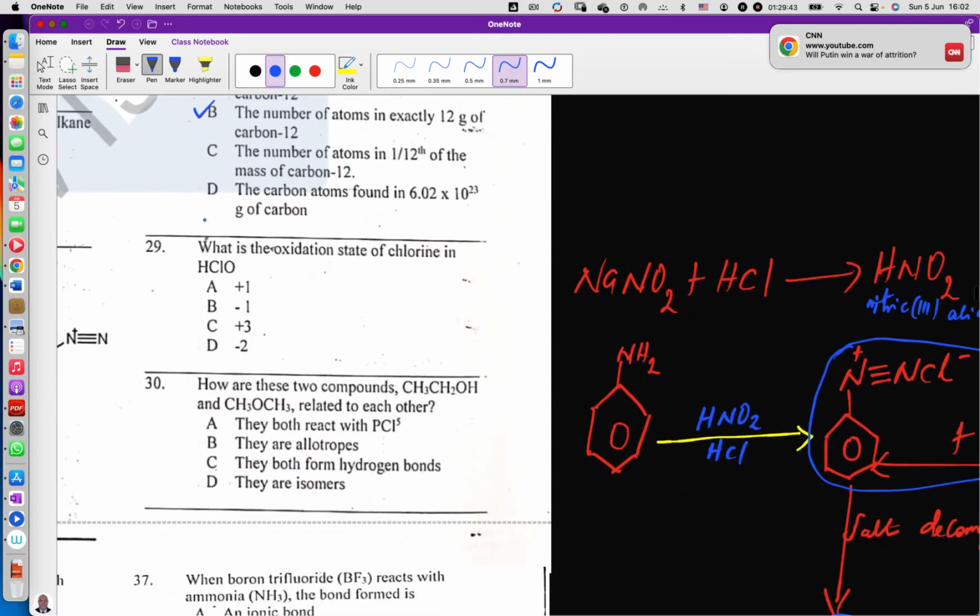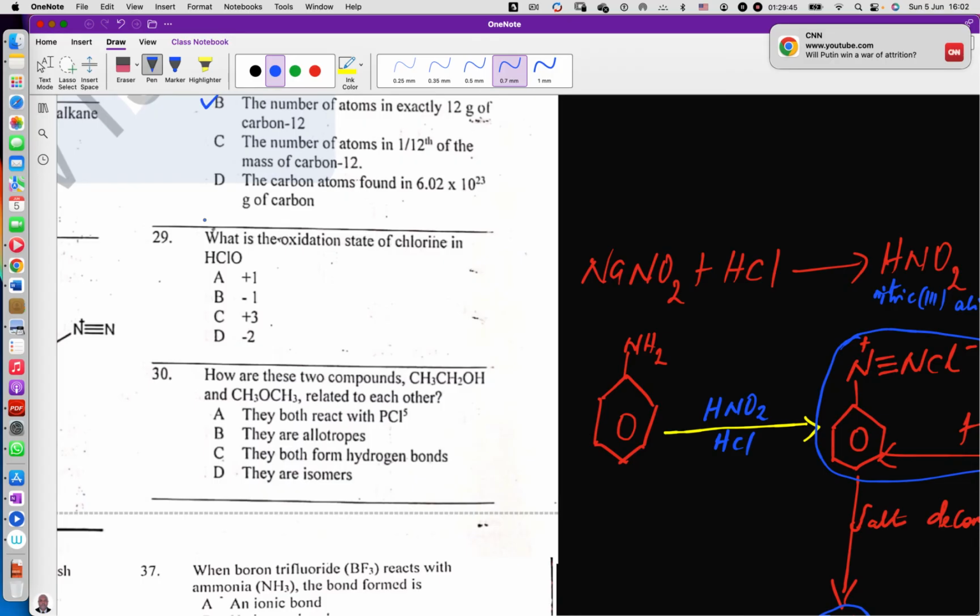Question number 29. What is the oxidation state of chlorine in HClO? According to the rule in assigning oxidation numbers, this is a neutral molecule. Therefore, the total of the oxidation numbers here is equal to 0.